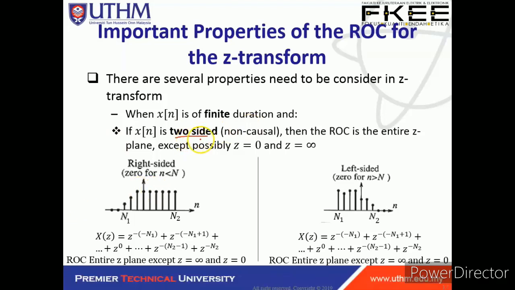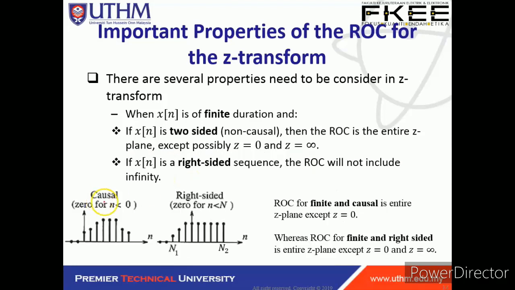The important point here is that for the two-sided signal, the ROC is the entire z-plane except z equals 0 and z equals infinity. For the right-sided and left-sided signals, we will see after this what the difference is with the causal and anti-causal signals. So this is the causal signal, and this is the right-sided signal.